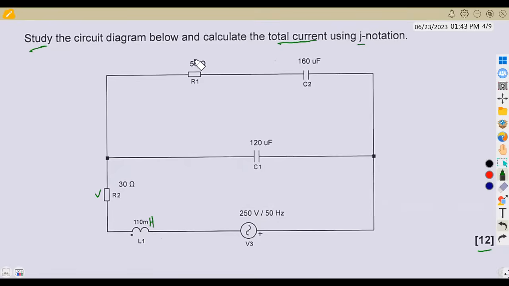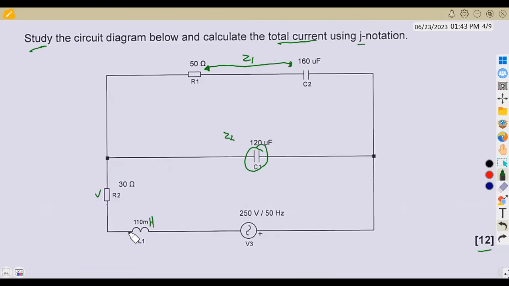In order for us to have the current, we need to have the impedance. We have got a resistor and a capacitor; we calculate the impedance of this part, which will be our Z1. We have got a capacitor here, which we are going to have as our Z2. These two are in parallel, and they will be in series later on with this part.